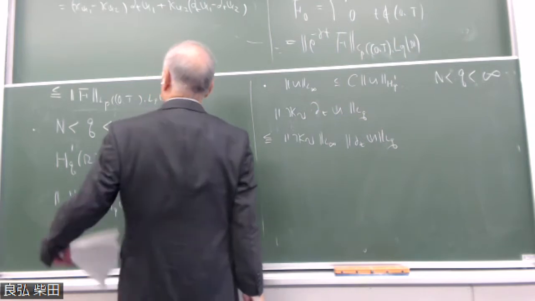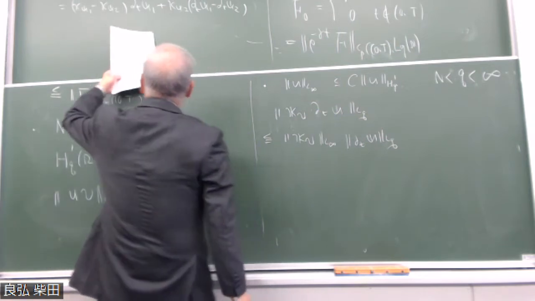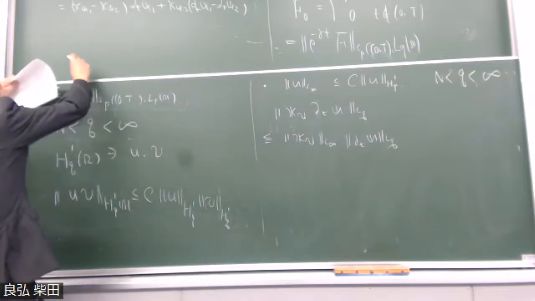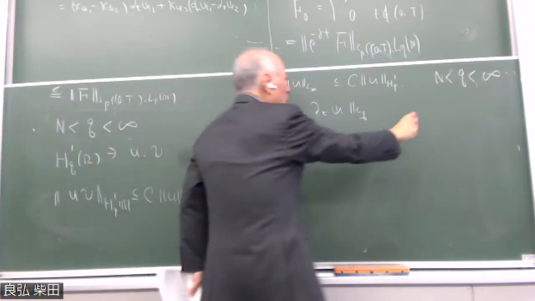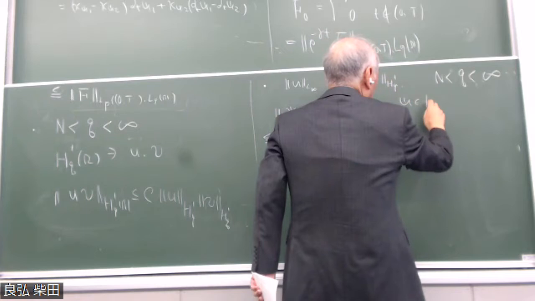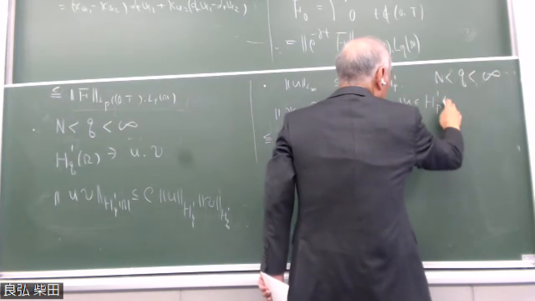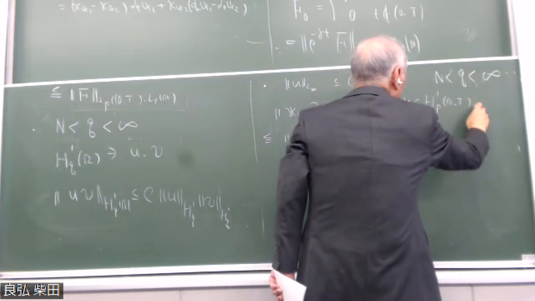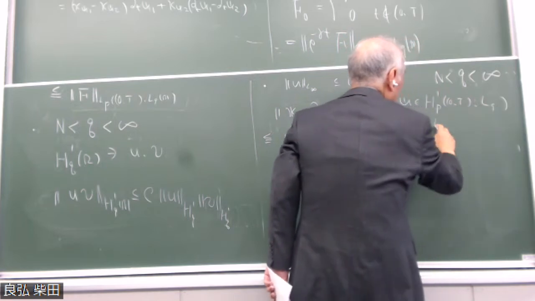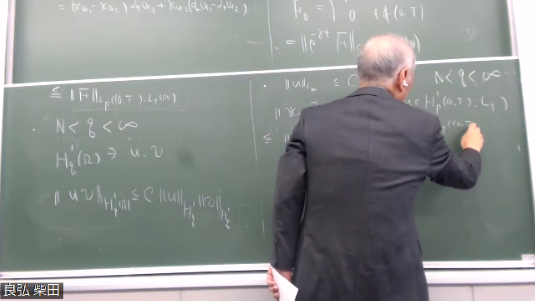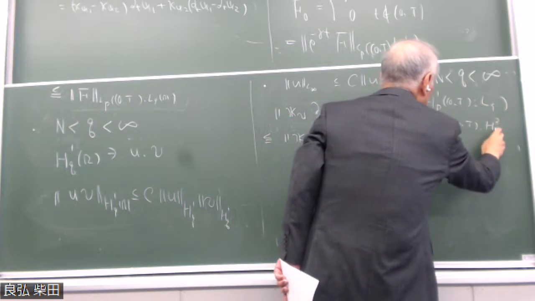If you remember the space, our space for U is, I'm sorry, 0T, L^p, LQ, intersection L^p, LT, H2Q.